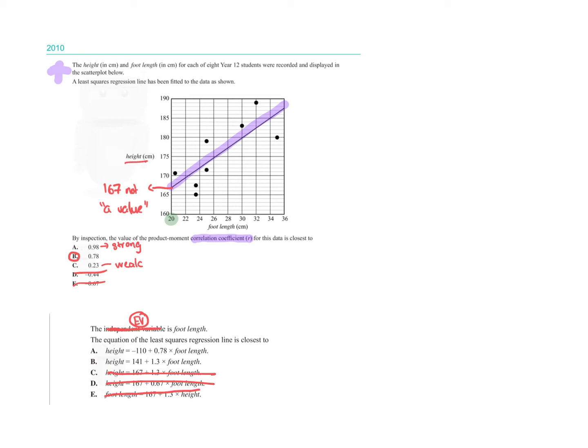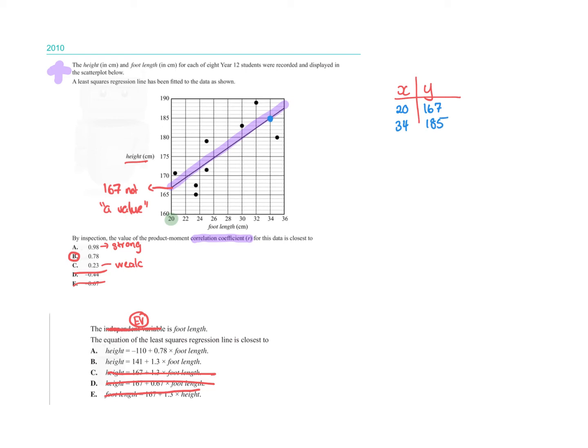And so now we've got to work out probably our B value or our gradient. So we're probably going to pop them into the calculator and do a little mini list spreadsheet again, where we'll pick two values. So we might as well use the one we just looked up where it was 20 and 167. And I'm going to use another one. It looks like it's going nicely through 34 and 185.